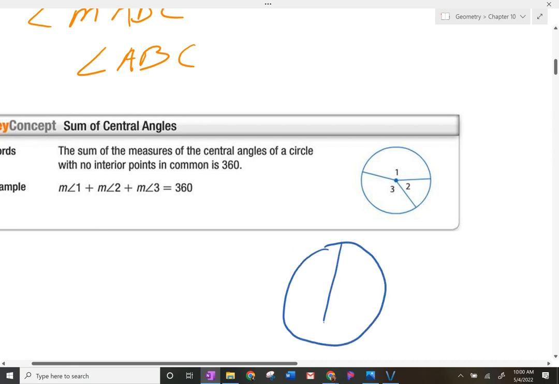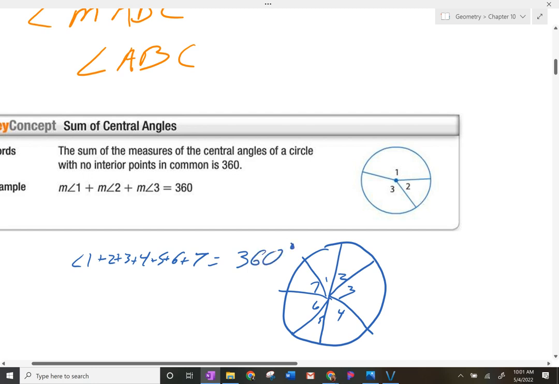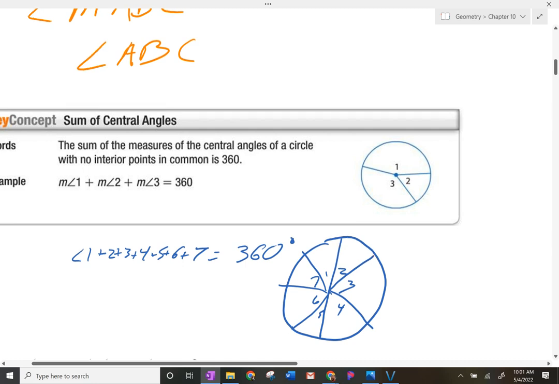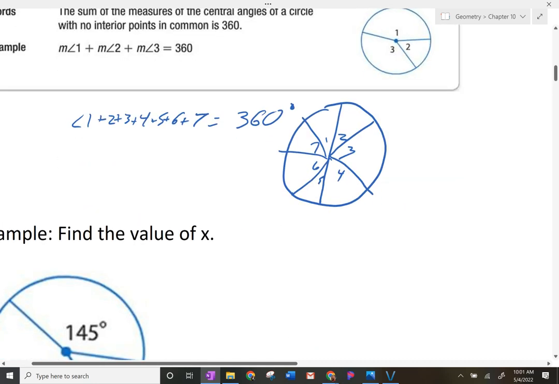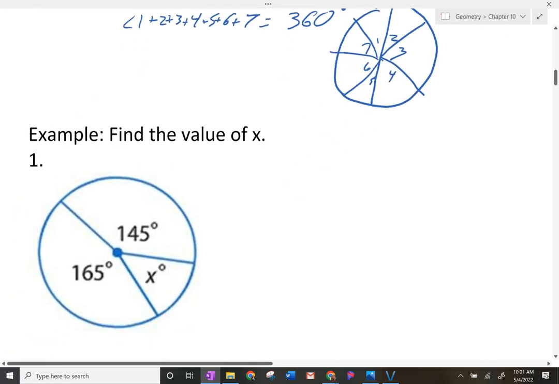If I had a circle that looked like this, okay, I'm going to say this is 1, 2, 3, 4, 5, 6, and 7. That tells me that angles 1, 2, 3, 4, 5, 6, and 7, if I added every single one of those up together, that's going to equal 360 degrees. No matter what, that's how many degrees are inside of a circle. Make sense? Okay, so as long as you guys get that part, then this lesson shouldn't be too bad.